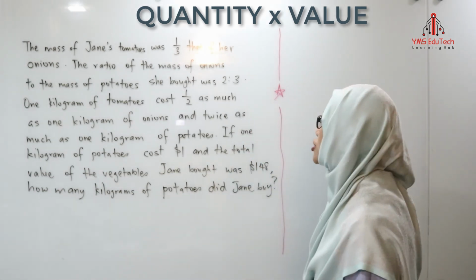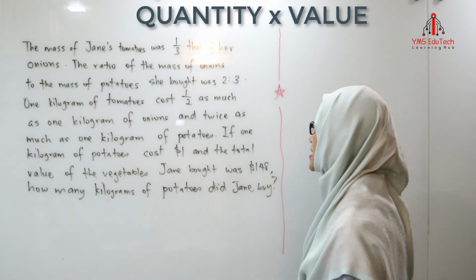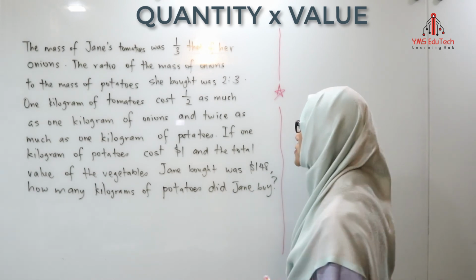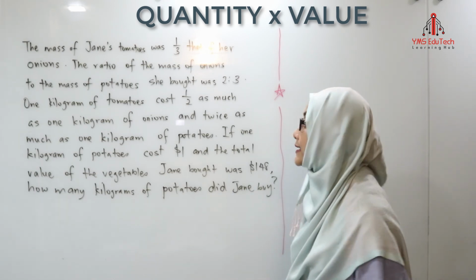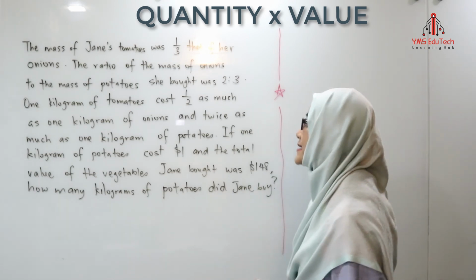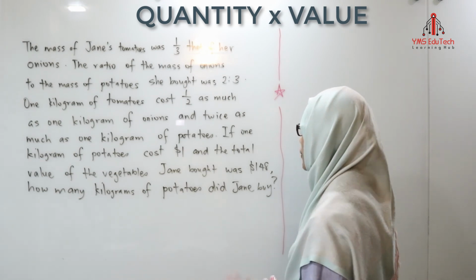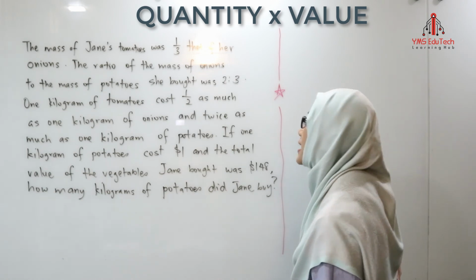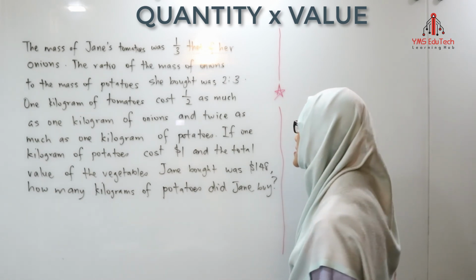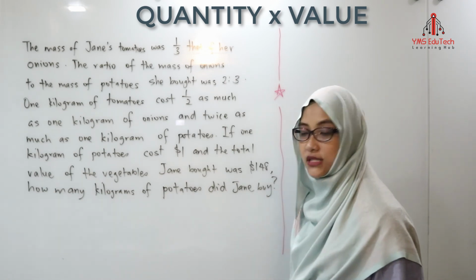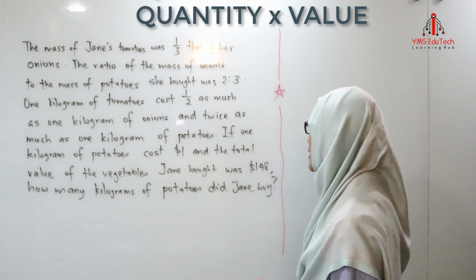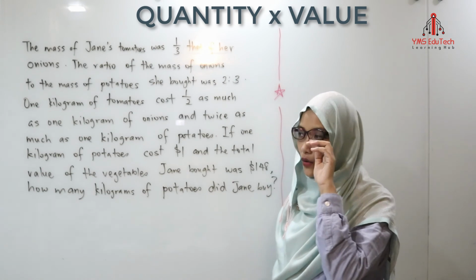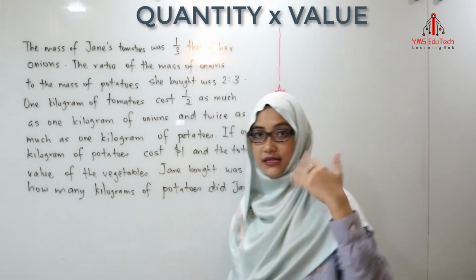The ratio of the mass of onions to the mass of potatoes she bought was 2:3. 1 kilogram of tomatoes costs half as much as 1 kilogram of onions and twice as much as 1 kilogram of potatoes. If 1 kilogram of potatoes costs $1 and the total value of the vegetables Jane bought was $148, how many kilograms of potatoes did Jane buy?